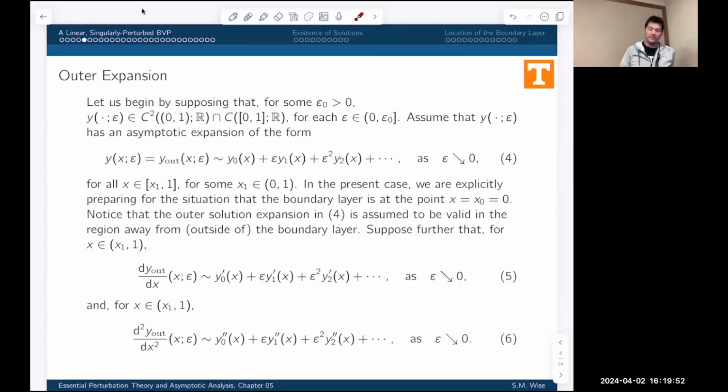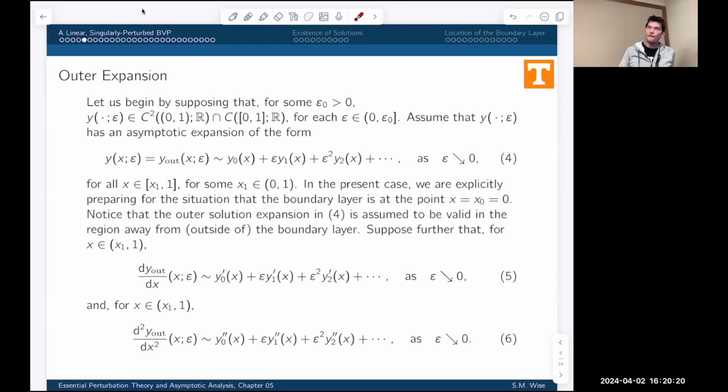It doesn't really matter what this x1 is. We're going to assume that it's order 1, and that the outer version of the solution has a valid asymptotic expansion out there of that form. Here we're going to assume that it's a simple asymptotic power series in terms of epsilon powers: epsilon to the first, second, and third, and so on.